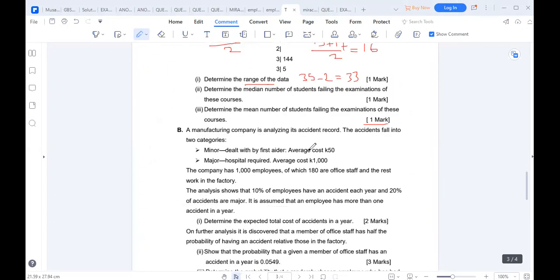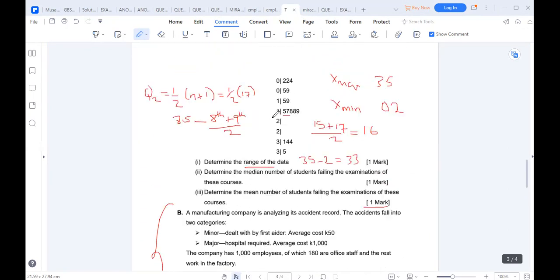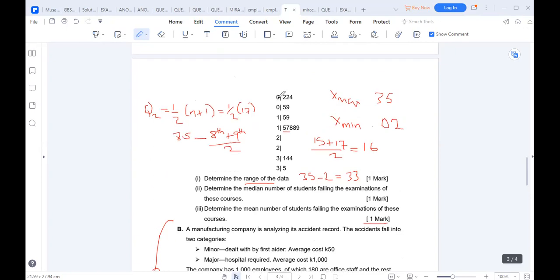All right, then we go to part B of the question. Mr. Collins, yes, please. Just to make you go back on the numbers, you said 0, 0, 2, 2, 4, 0, I was behind. I was just getting to school, so I missed that part, but I understand how to find the range, the median, the mean.